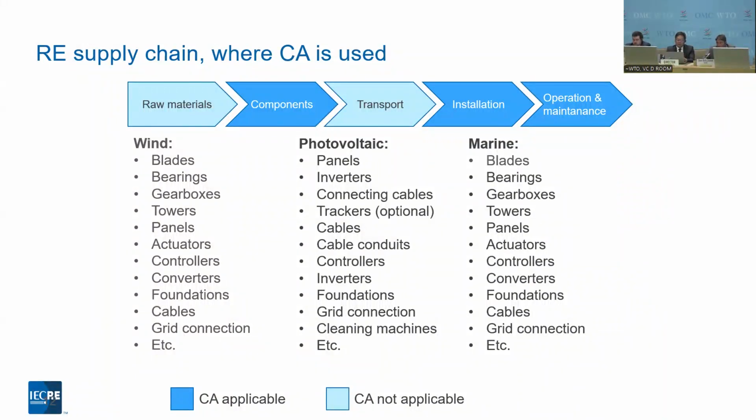Transportation is not covered, which is a huge part, because these products, especially wind turbines, are very difficult to transport with the blade sizes they have become. The logistics are very, very difficult, but that's currently not covered under the IECRE.